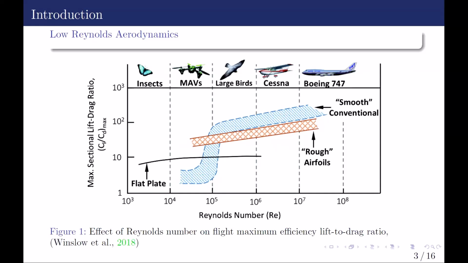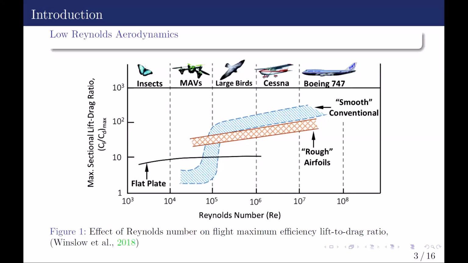And at the same range of Reynolds number, unmanned aerial vehicles, UAVs, are also flying. So our aim is to design wings for unmanned aerial vehicles by taking inspiration from birds, especially from the bird's wing material, especially the feather material.